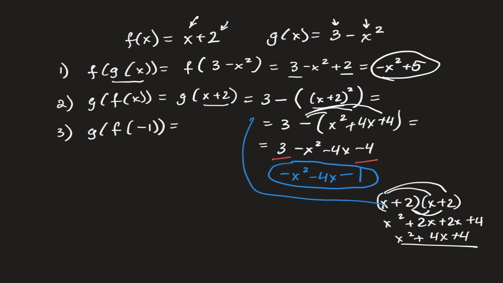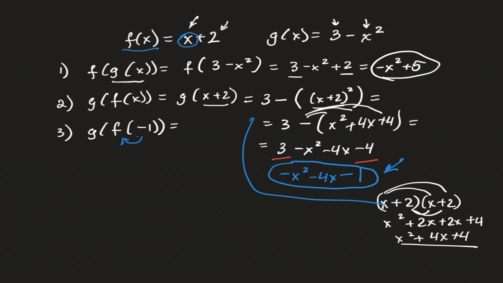And for the final question, I could use g of f of x, which is this, and plug in a negative 1 and see what my answer equals. Or I could go back and work it through inside out. So working from the inside, I'm going to take negative 1. I'm going to plug it in everywhere I see an x in f of x. So I'm going to go into f of x, which is here.